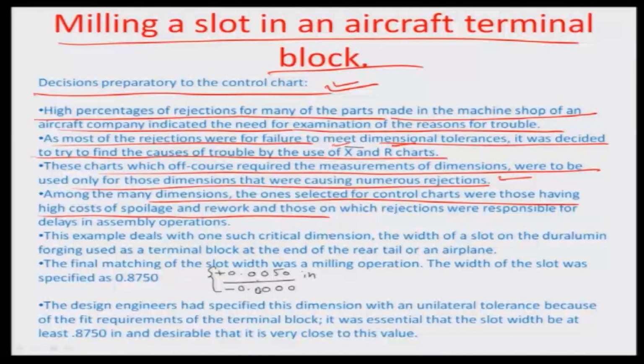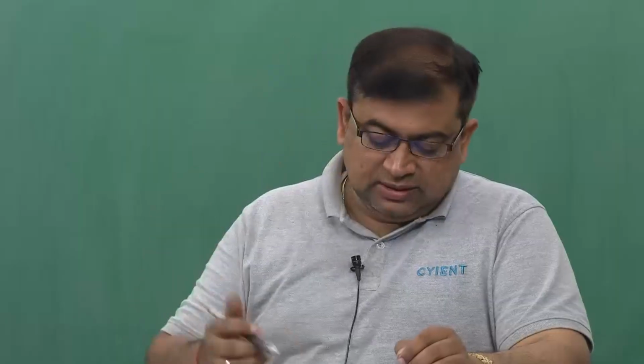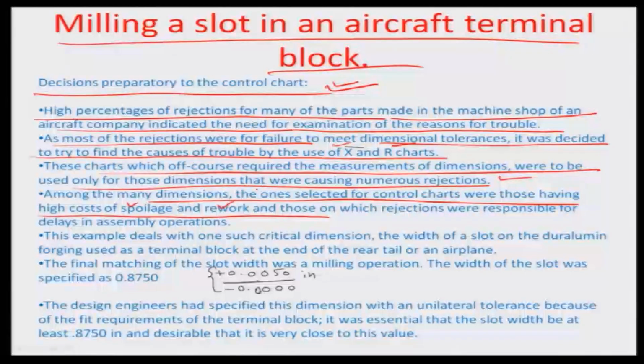So, the company judiciously chose that dimension which creates a lot of low value added in terms of rework, spoilage or rejection, or even not being able to fit on the electrical panel properly, and so on. Those on which rejections were responsible for delays in assembly operations were also considered.